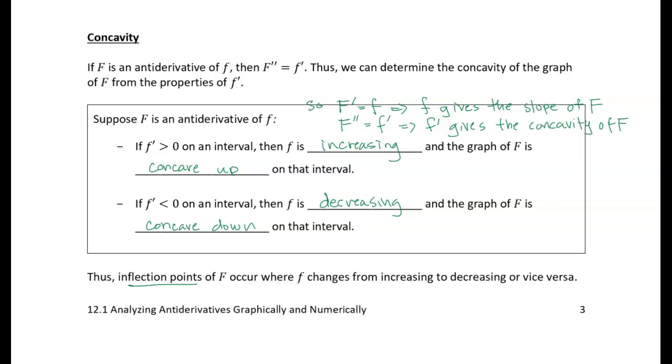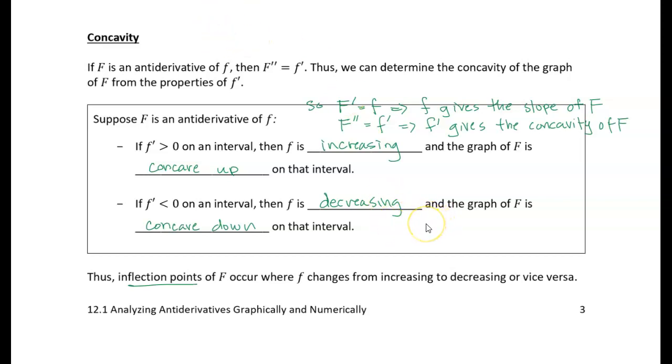So we can look at where it's 0. The notation is so weird, but if we look at the derivative of lowercase f, when that's 0, that's where we would have potential inflection points, because the derivative of lowercase f is the second derivative of the antiderivative.